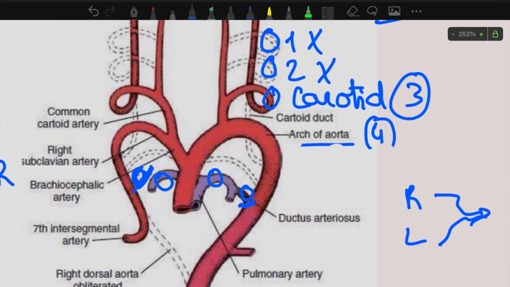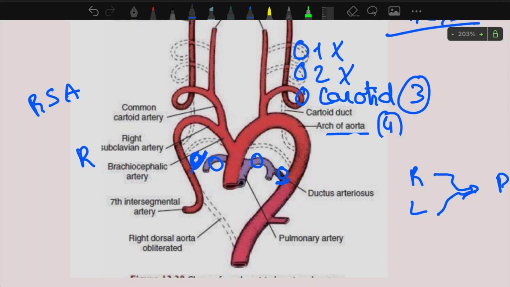And that's what you have to know. So basically, you can say there are two differences between the right and the left side. On the fourth aortic arch, the distal part will disappear because we have only one arch of aorta, and on the sixth aortic arch, the distal part also disappears.